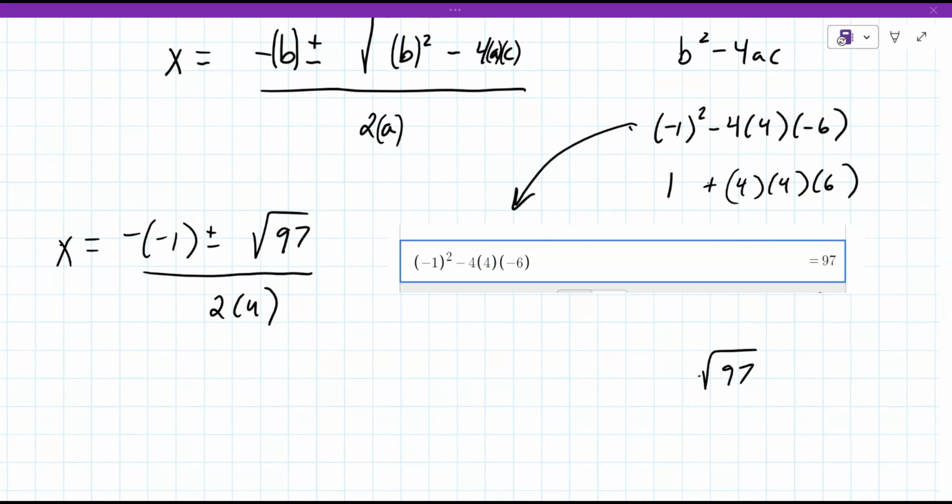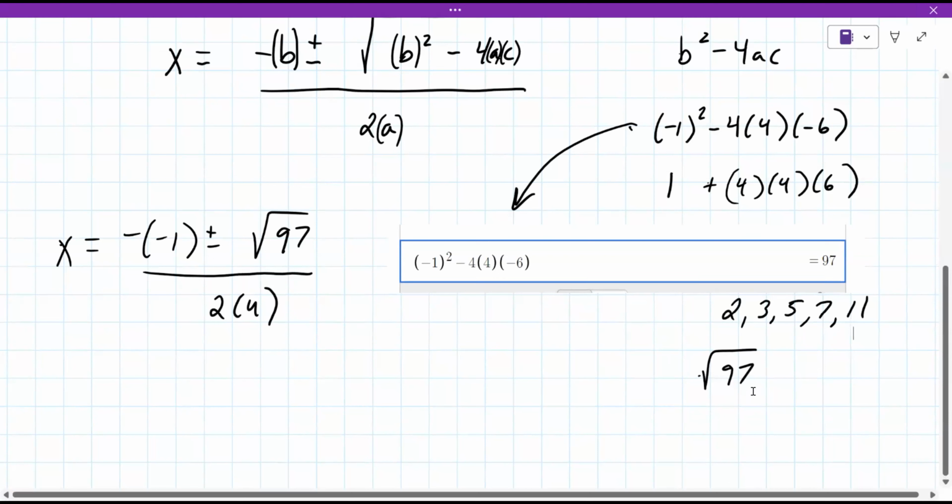So the way to do it correctly is to look at all the prime numbers, 2, 3, 5, 7, 11, and see if any of these divide 97. You'll find that none of them work. Making sure, yes, none of them work. The reason you stop here is that whenever you get to a square, 11 squared is bigger than 97, you know that you've run out of numbers. So there is nothing that can be reduced here.